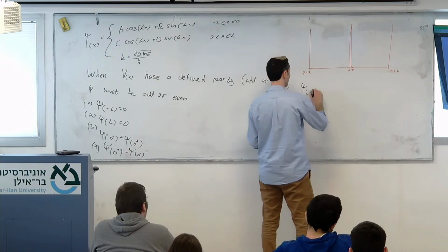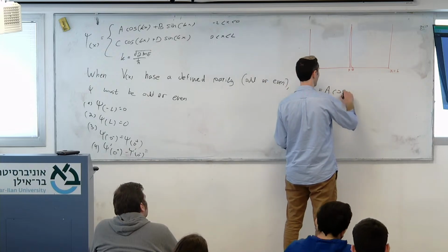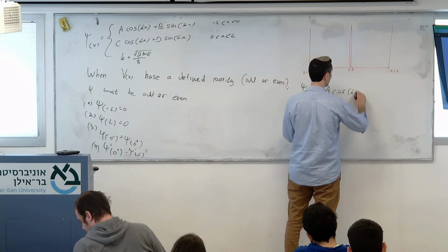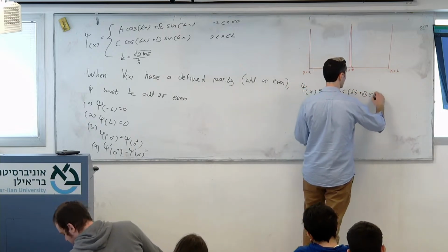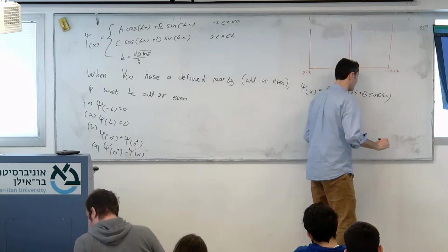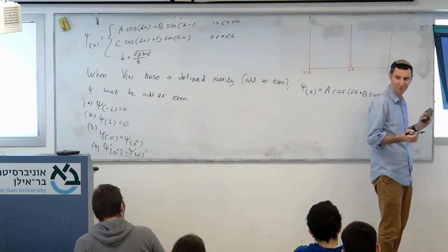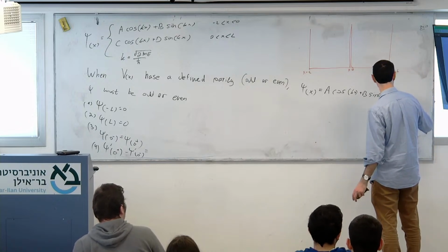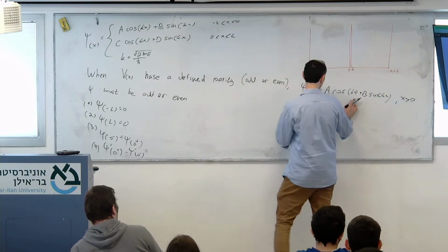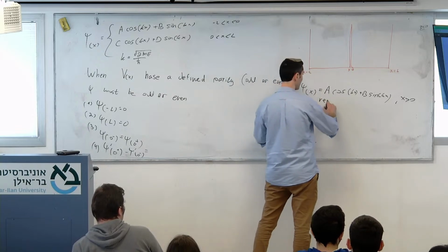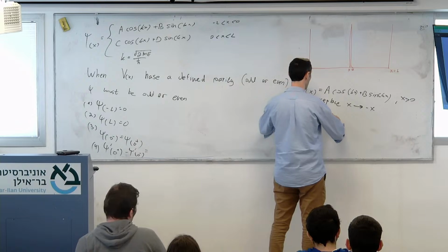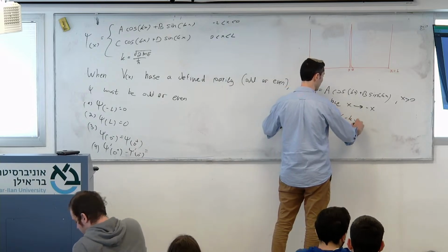Psi of x is a cosine kx plus b sine kx. Did Richard speak about the parity operator? Okay, so you've seen those things. When x is positive, therefore, if I just replace x with minus x, I get here a cosine of minus kx.